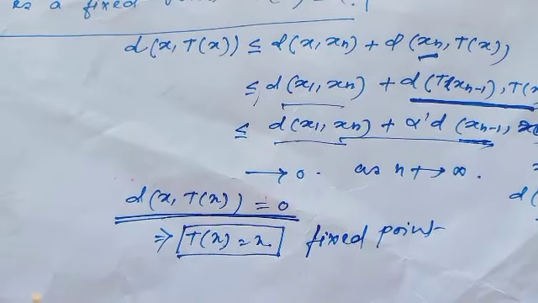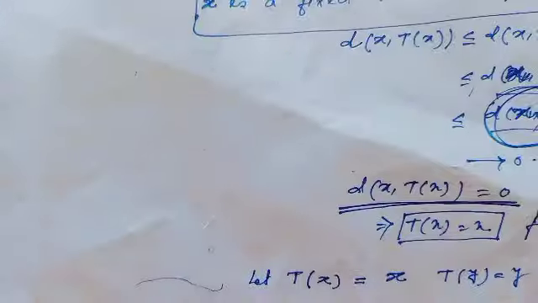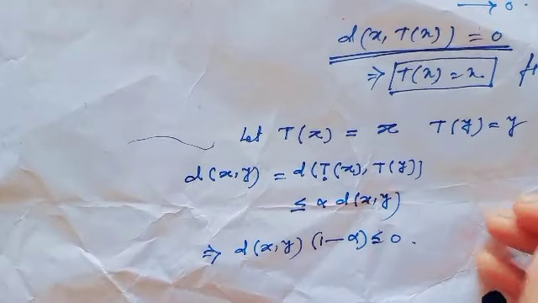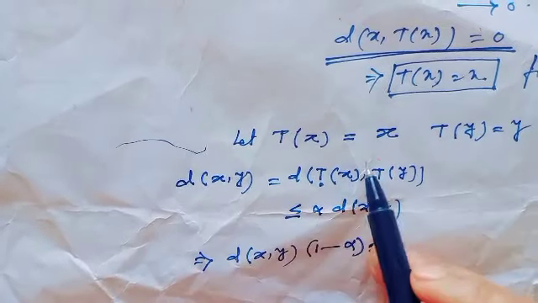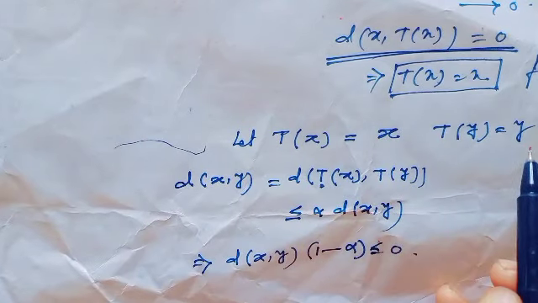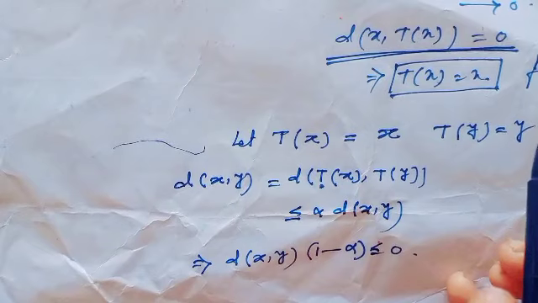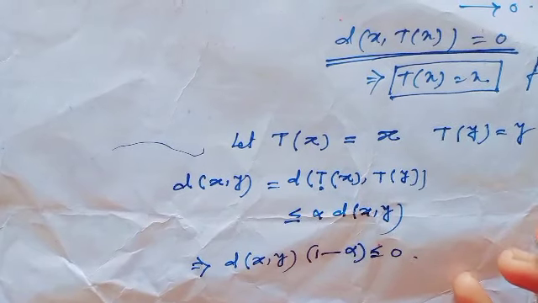Now we have to prove this fixed point is actually a unique point. Next we have to prove this fixed point is the unique fixed point. For this, consider tx equal to x and t of y equal to y. In the Banach fixed point theorem, this fixed point is always unique.